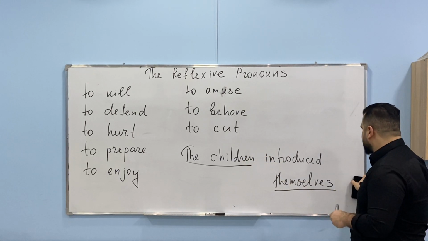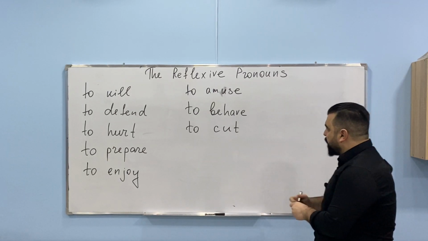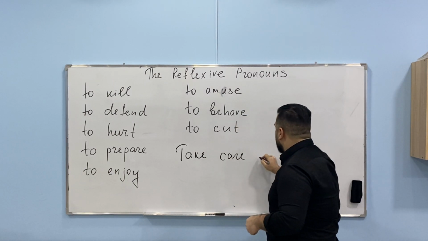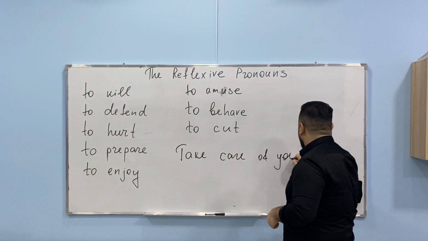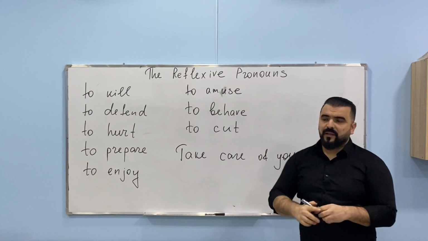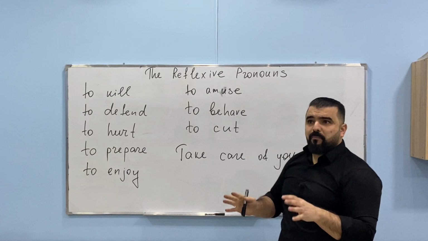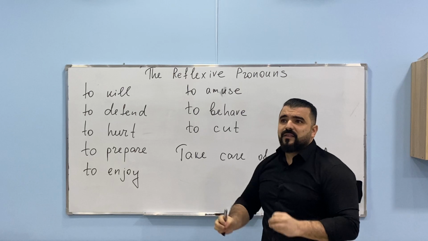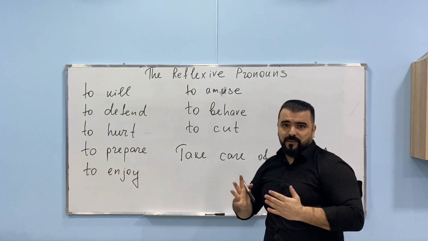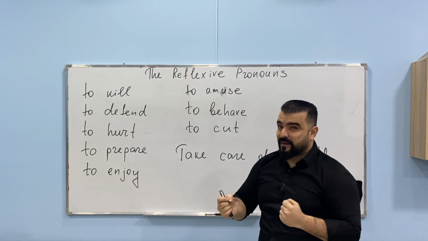As examples, take care of yourself. Take care of yourself. Look after yourself. From imperative sentences, we know that most of the imperative sentences refer to the second person in singular and plural.